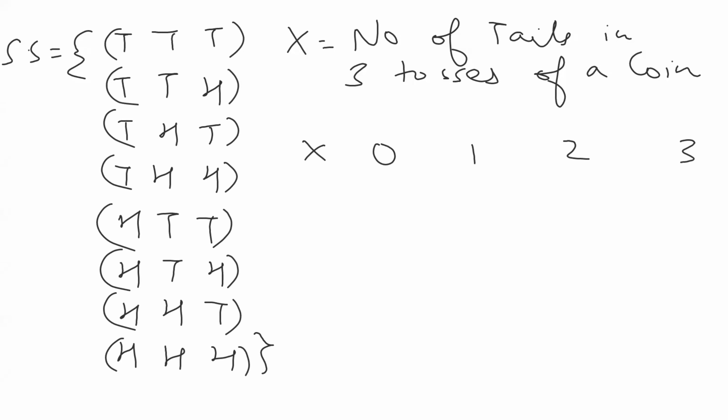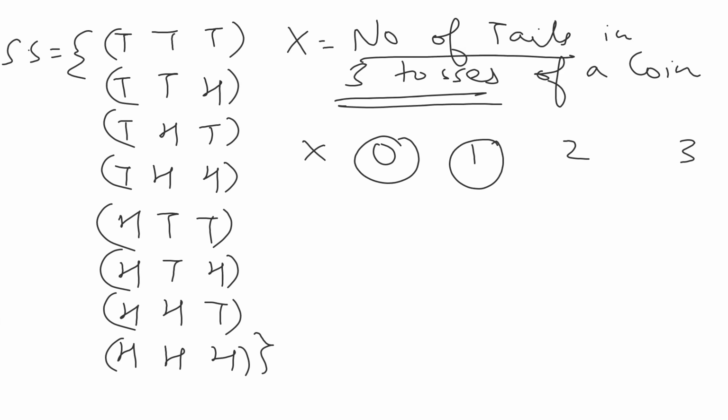See, we are tossing the coin 3 times. So out of 3 times, the number of tails can be 0, not a single time will we get a tail. One time we will get a tail, 2 times we will get a tail, and all 3 times we will get a tail.